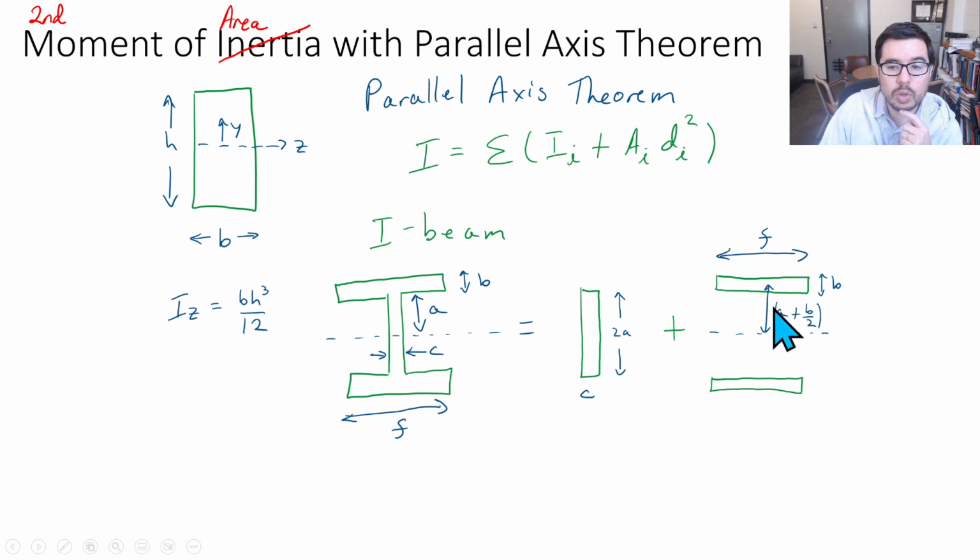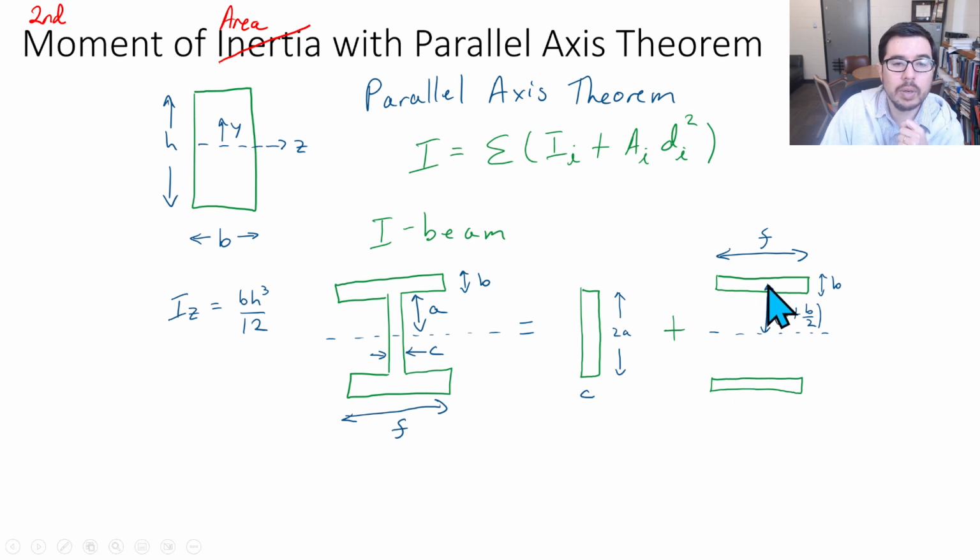So what we can get a feel for is that this f is the new b, the width, for the bh cubed over 12, and this b is actually the h. So now we have fb cubed over 12 over here, and we have one down here too. So we're going to have double.